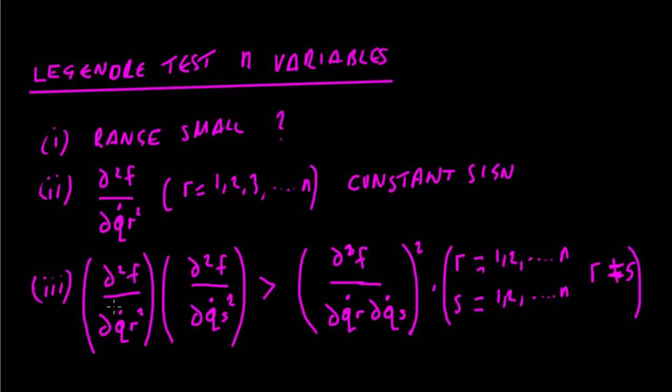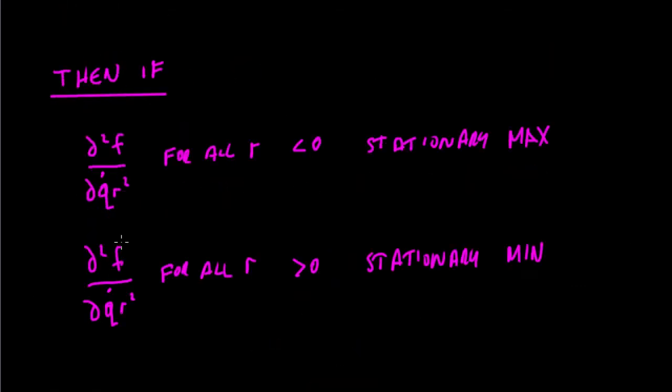And if partial squared f by partial qr squared dot times partial squared f by partial qs squared dot is greater than partial squared f by partial qr dot partial qs dot, all squared, where r is equal to 1 to n and s is equal to 1 to n, where r doesn't equal s, then we're able to say that if partial squared f by partial qr squared dot for all values of r is less than 0, we'll have a stationary max, and if partial squared f by partial qr squared dot for all r is greater than 0, we will have a stationary min.